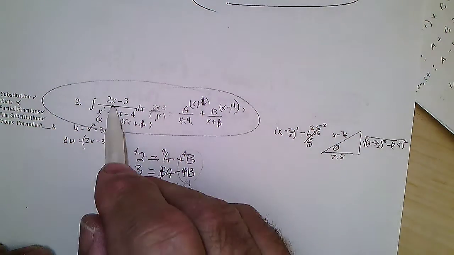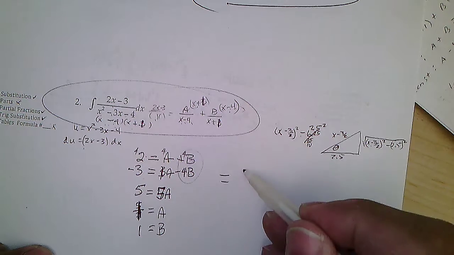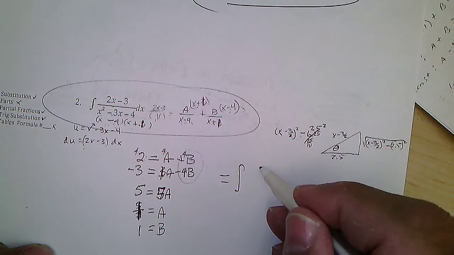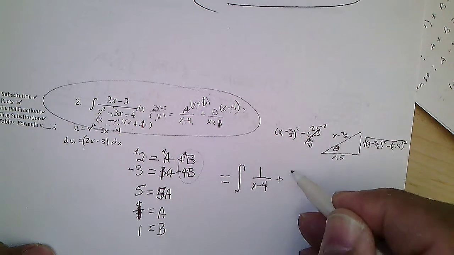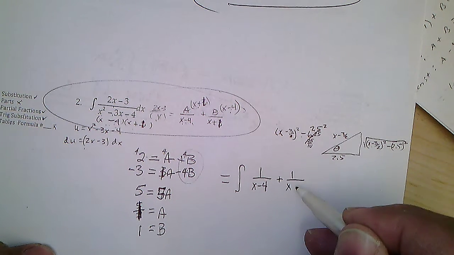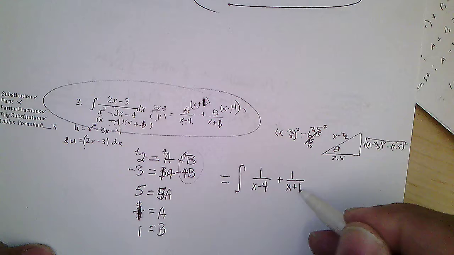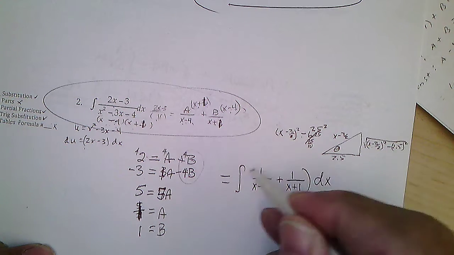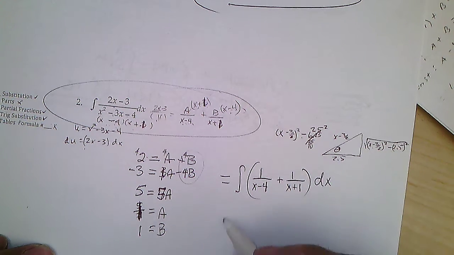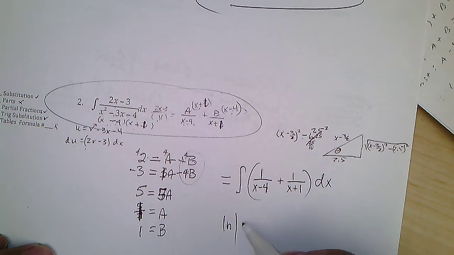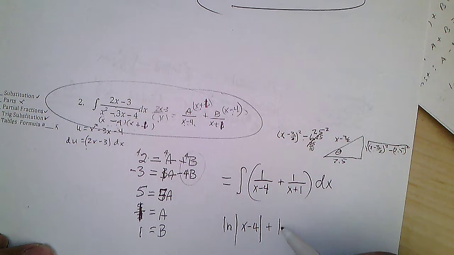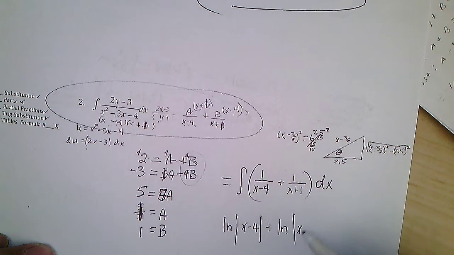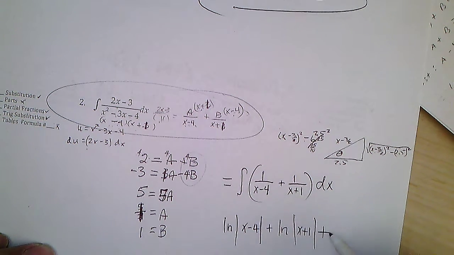So this changes to the integral of 1 over x minus 4 plus 1 over x plus 1 dx. And the integral of this is ln of the absolute value of x minus 4 plus ln of the absolute value of x plus 1 plus c.